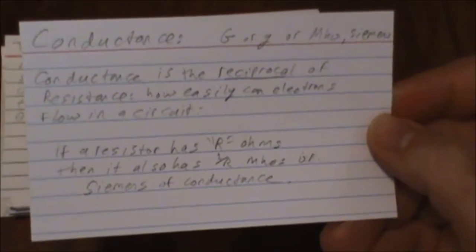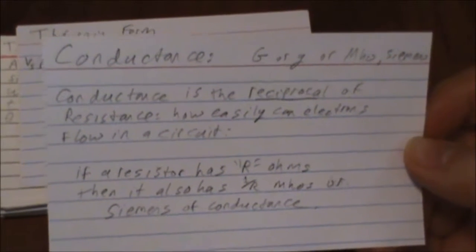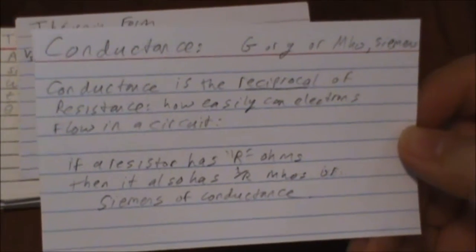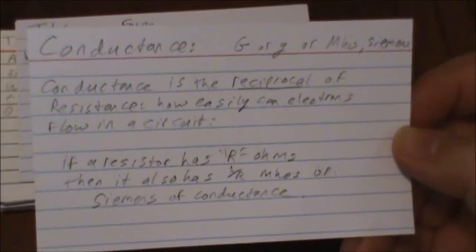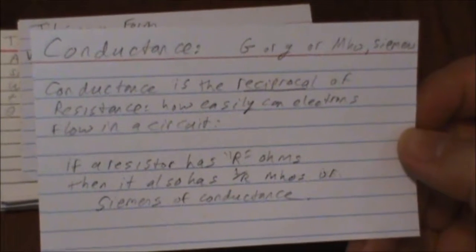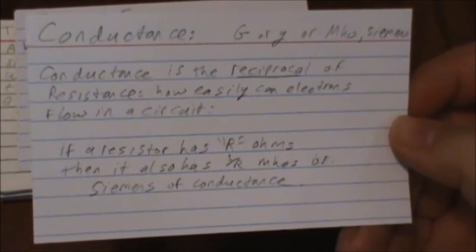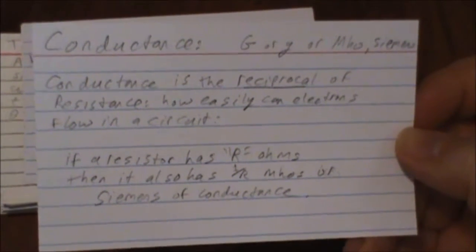We also have this thing called conductance. Conductance is the reciprocal of resistance. And resistance is, as a reminder, how easily electrons flow in a circuit. A resistor has some R number of ohms. It also has 1 over R mhos, which is just MHO, ohm spelled backwards.